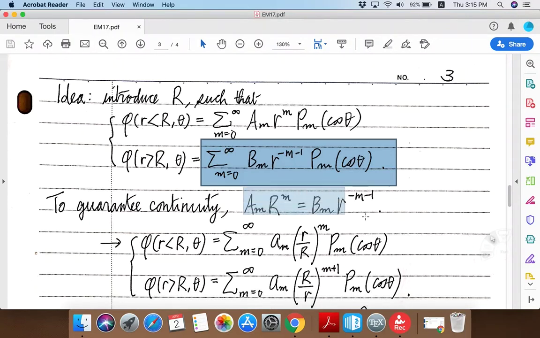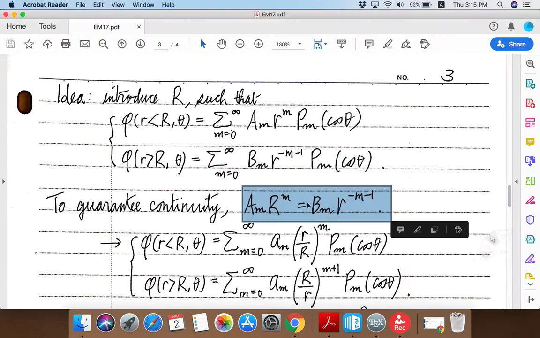The only way that continuity can be guaranteed is if we require that these coefficients match order by order for every m.